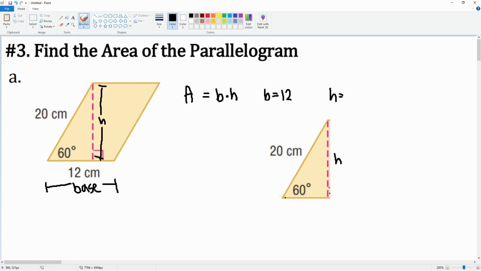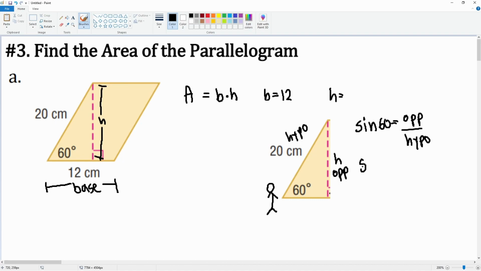So if we draw that angle here, we can set up our trig ratio. We have here the hypotenuse, and we have h here as the opposite. So we can see opposite and hypotenuse. That is sine. So we can say sine of 60 degrees is equal to the opposite over the hypotenuse.